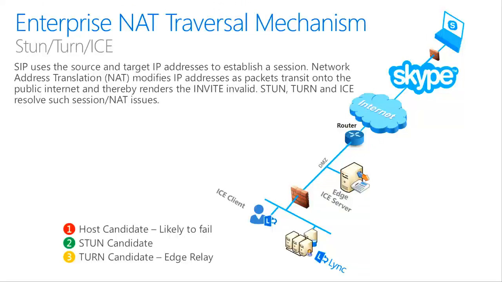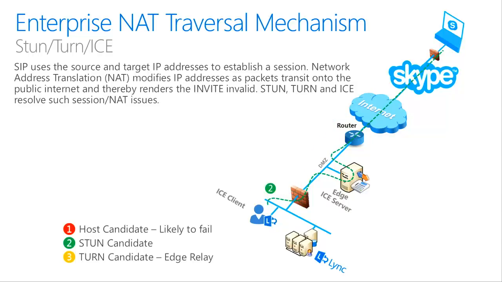So, NAT traversal mechanisms like STUN, TURN, and ICE effectively will try to go out if you're on the same network. So if your Skype client is sitting on the same network as your Lync client, there is a chance that they would find each other. But in most cases, you're dealing with back-to-back NATed firewalls.